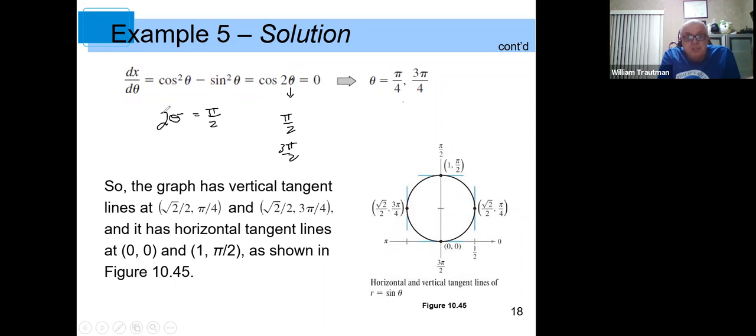Divide both sides by 2 or multiply both sides by 1/2, and theta equals pi over 4. And then the other one is 3 pi over 4.